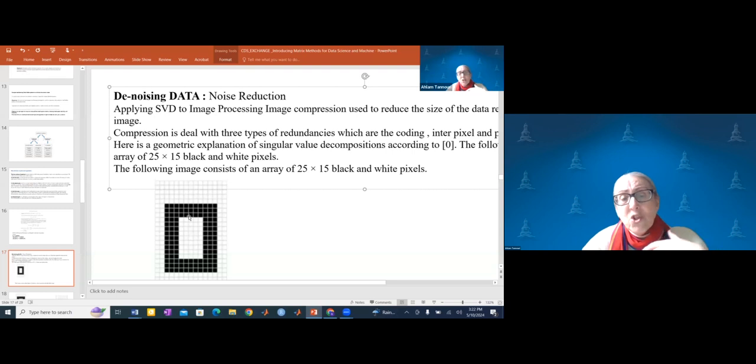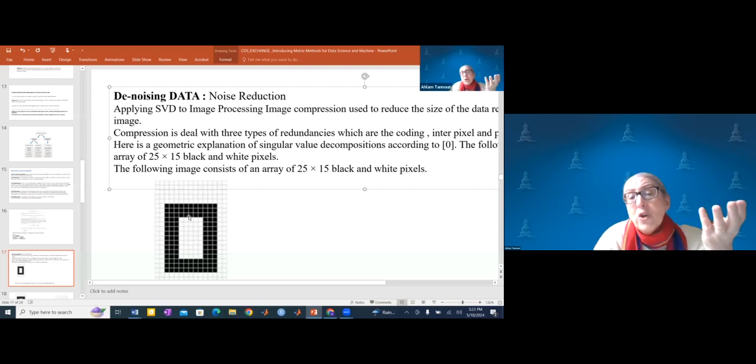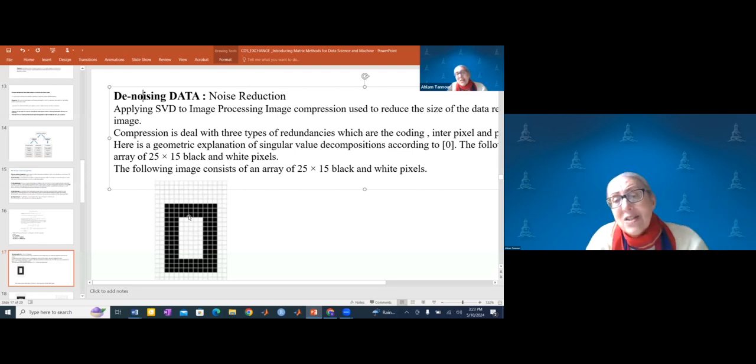My first question to the students would be, what do you see in front of you? They say they see a rectangle, etc. My second question would be, this is 25 rows, 15 columns, and if you look at it, how many kinds of columns can you see in the picture?